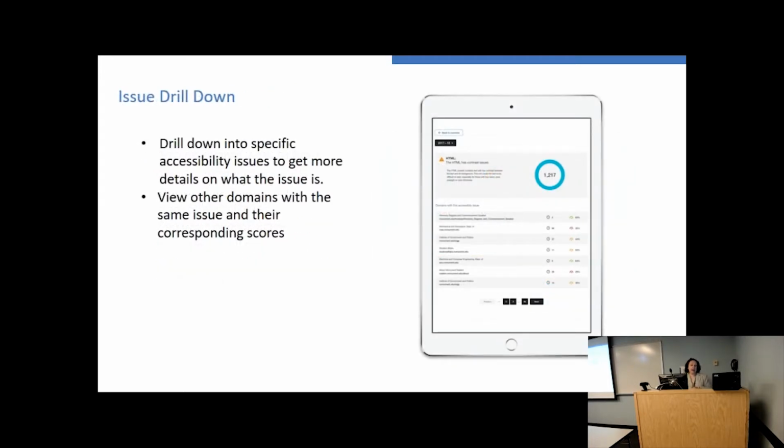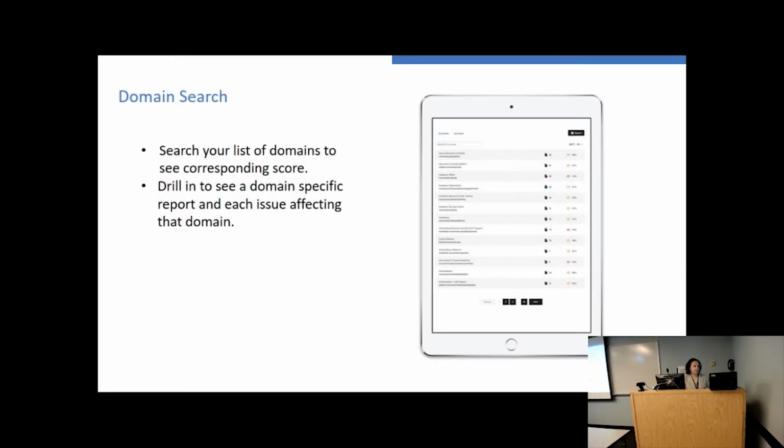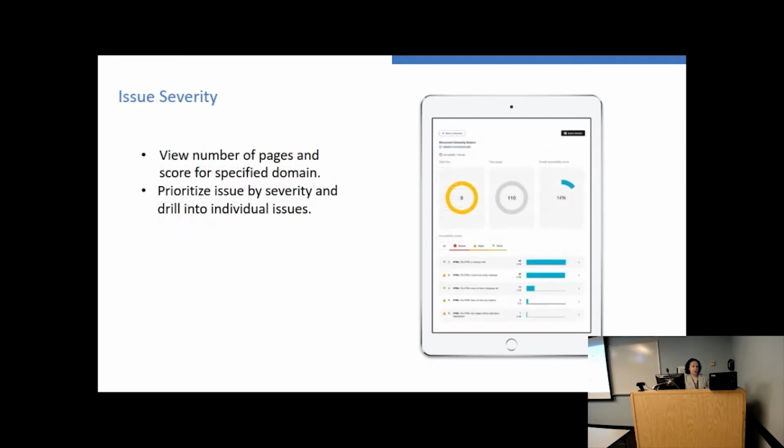Then you can get really specific into individual domains. So are we looking at a particular college's math department instructor's website, right? It gets that granular and that detailed. And it will tell you how many documents of that particular offending type live on that website, okay? So it's a really nice map of where you are today.